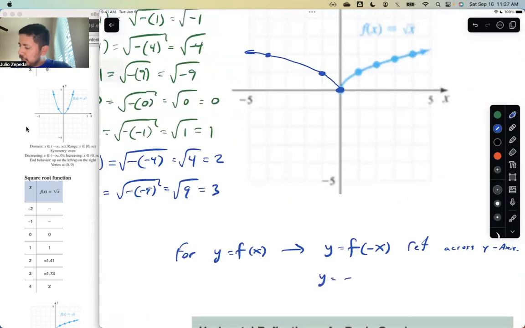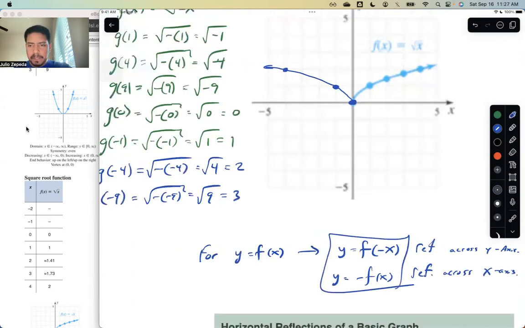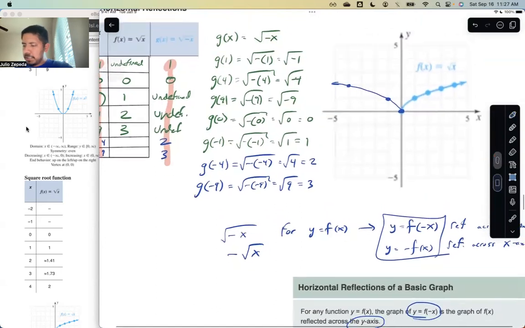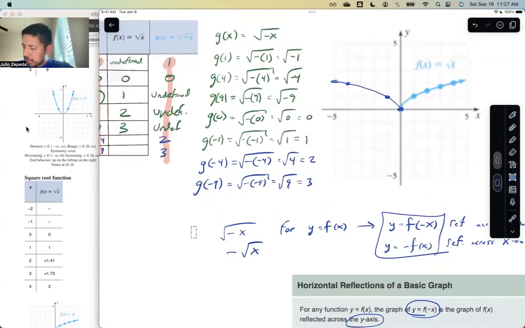But y equals negative f of x, this is the one that we went over previously, is a reflection across the x-axis. So you need to be able to distinguish those two. And so in terms of the square root function, it would look like this, and like this. Reflection about the y-axis, reflection about the x-axis.